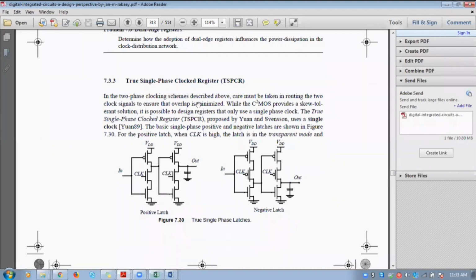So you are going to merely use a single phase of the clock. See here, you have only clock associated with it. The design has two stages, one is your master, another one is slave.